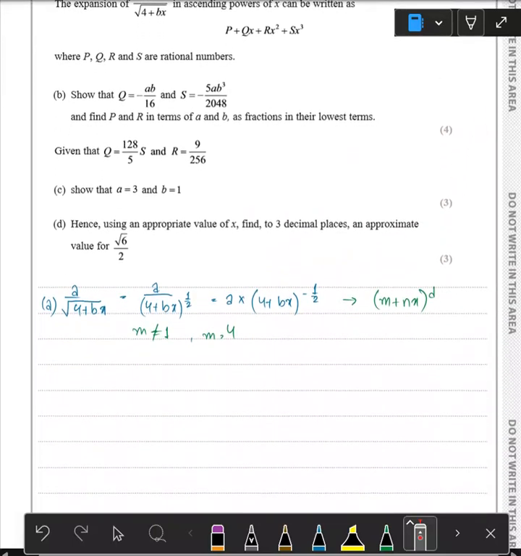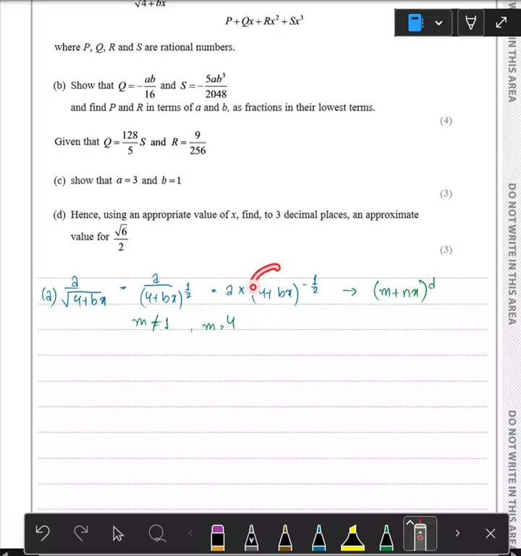So the thing that we usually do for expanding this type of expression, when m, or what I usually write as a plus bx to the power d, when a is not equal to 1, we do it in this way. When m plus nx to the power d, when m is not equal to 1, we bring the m out.